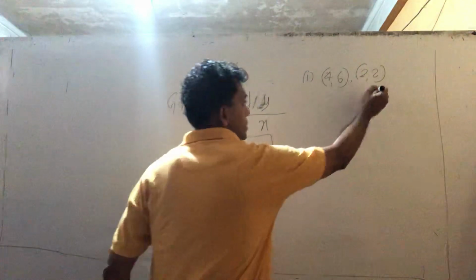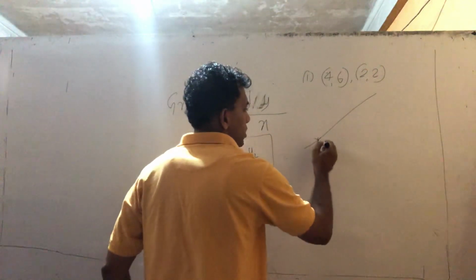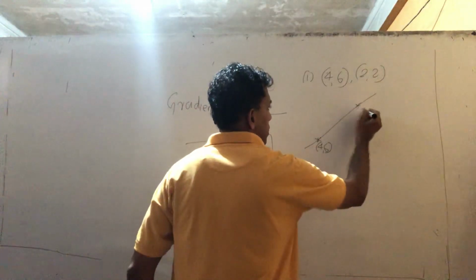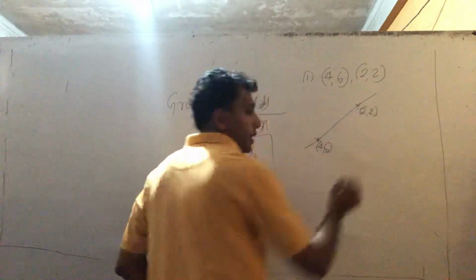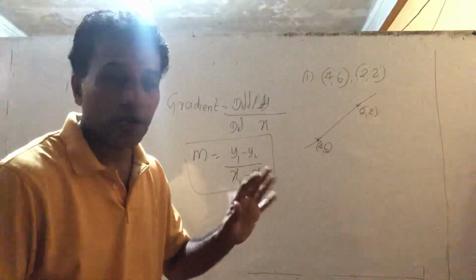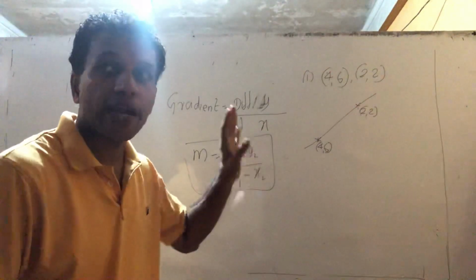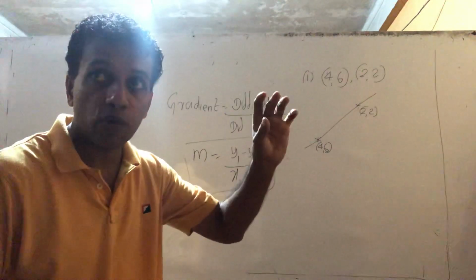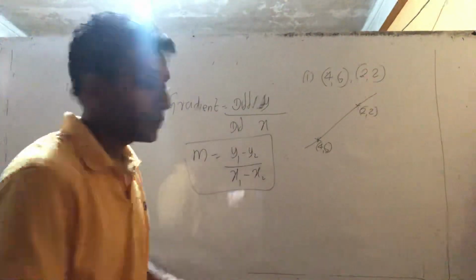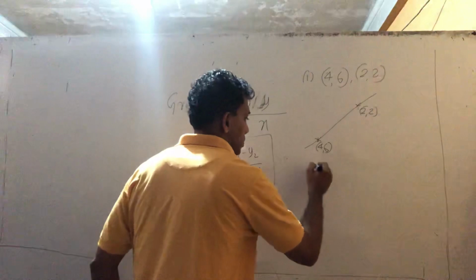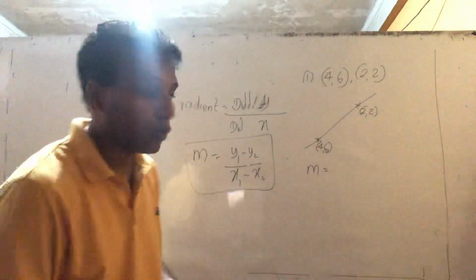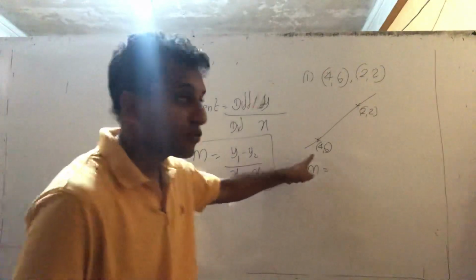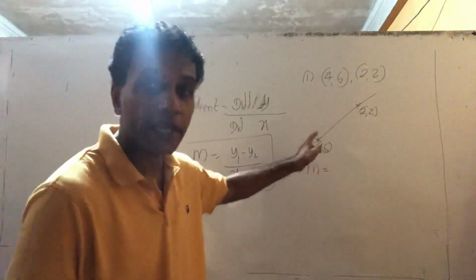A straight line passes through (4, 6) and (2, 2). That's the idea, right? So what is the gradient of that line? Without drawing, use this method. So m equals the difference between the y coordinates. For (4, 6), x is 4, y is 6.